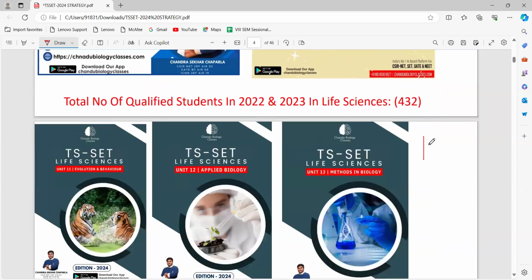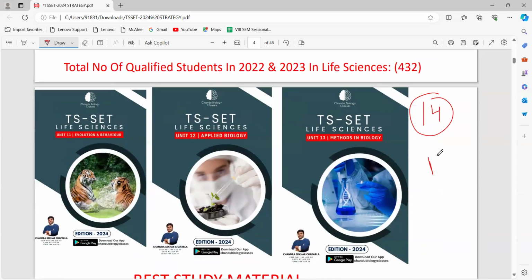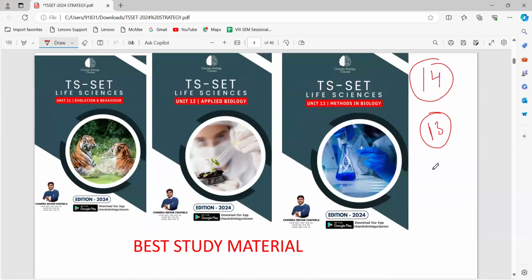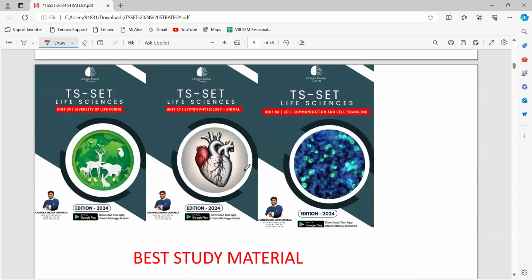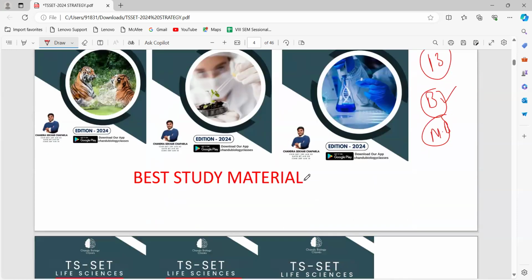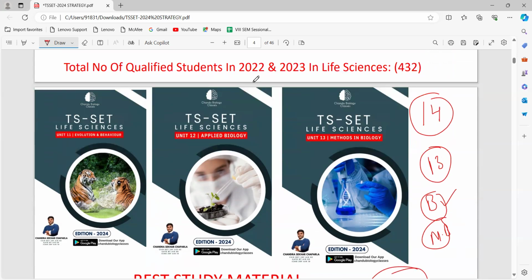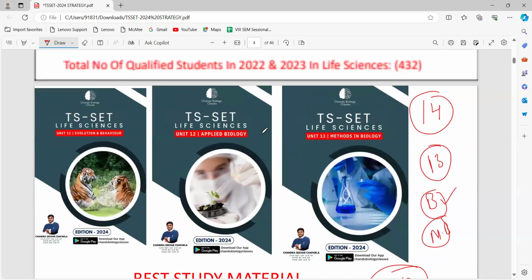You will get a total of 14 books. 13 books are for the 13 units individually, starting from biochemistry till methods in biology, and you will also get one specific book exclusively containing the MCQs only. Not even a single question will go beyond this particular level.